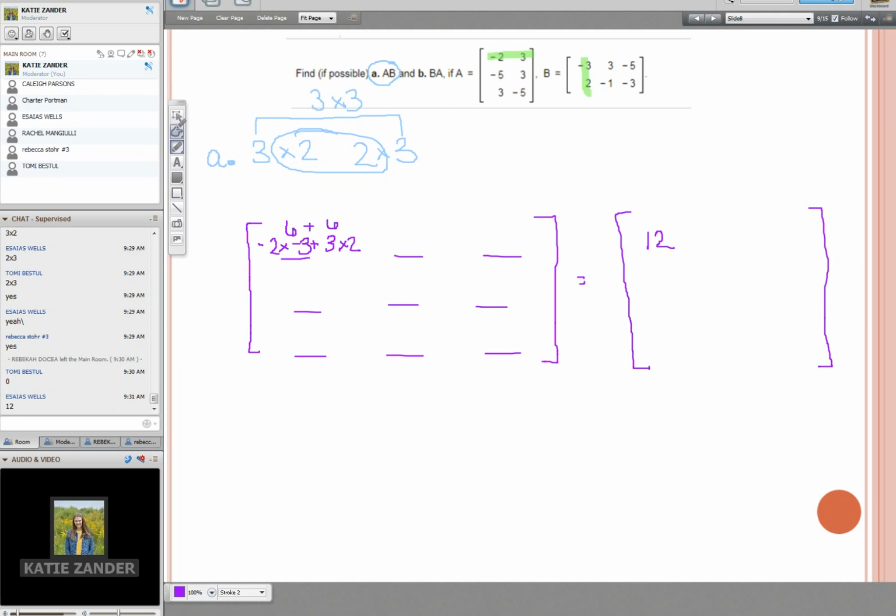All right, let's go ahead and move to the middle. So we're still in row 1, but now we're looking at column 2. So we've got negative 2 times 3, which is 6, plus 3 times negative 1, which is your negative 3. What is 6 plus negative 3?